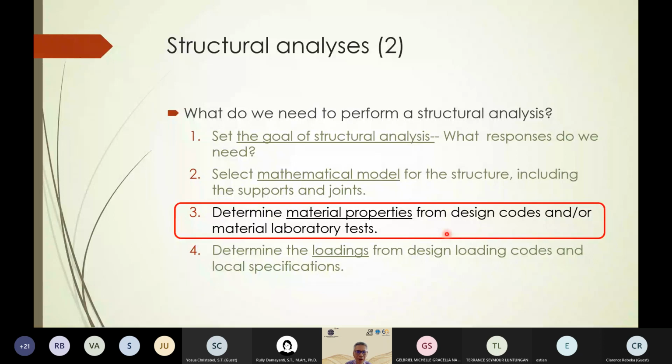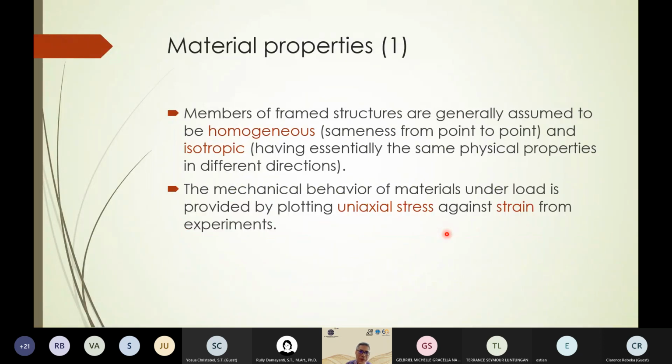Let's discuss now the third aspect of the structural analysis, the material properties. Members of frame structures are generally assumed to be homogeneous. Homogeneous means the same material from point to point. For example, if the material is steel, it has the same properties from point to point.